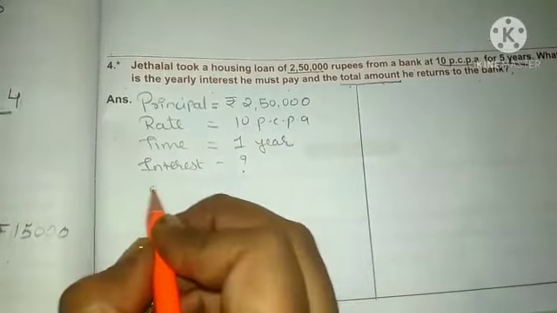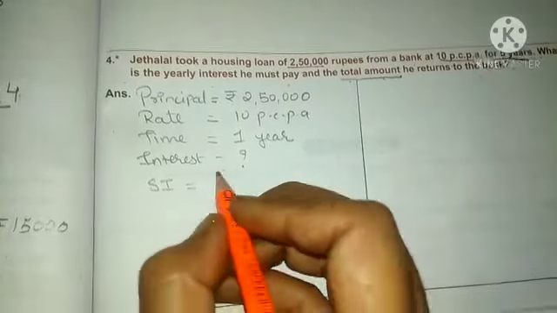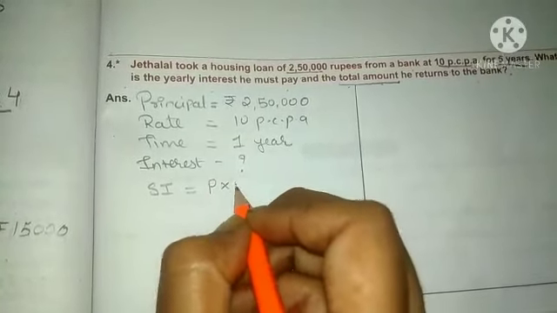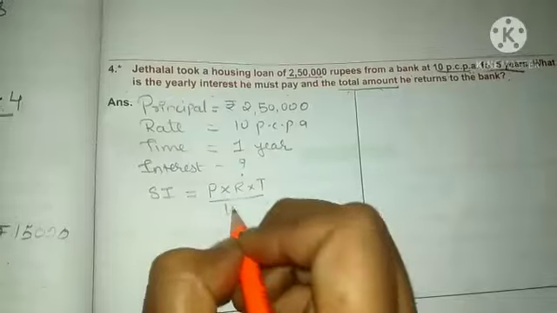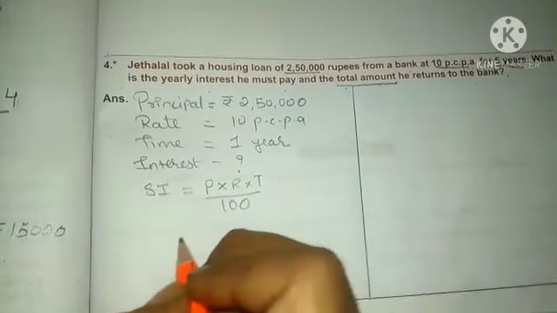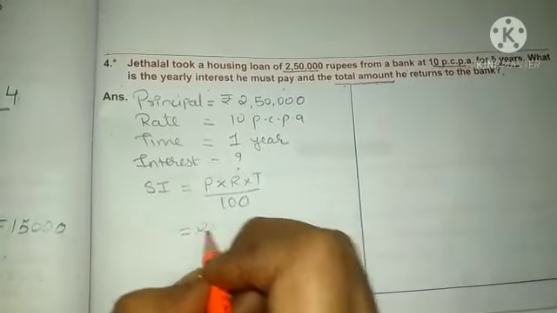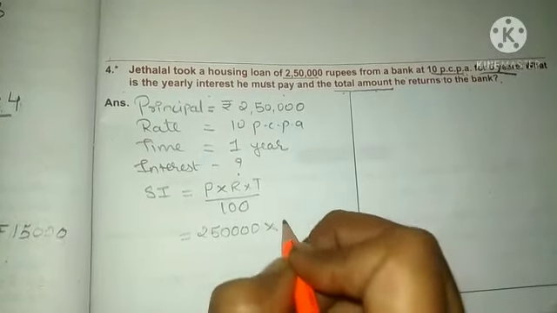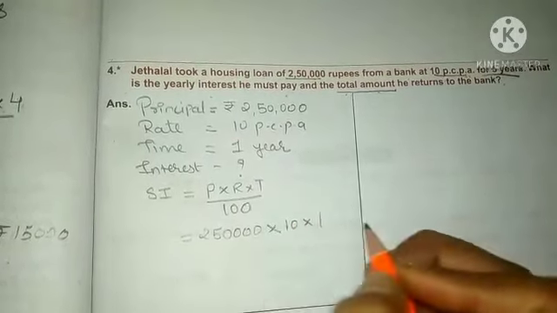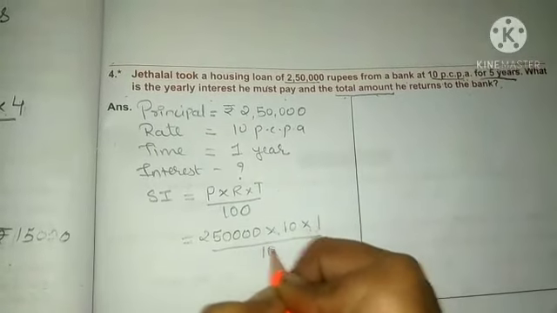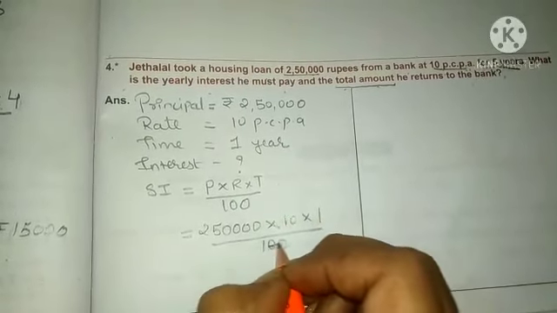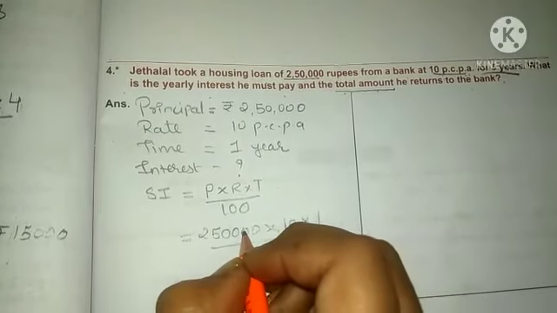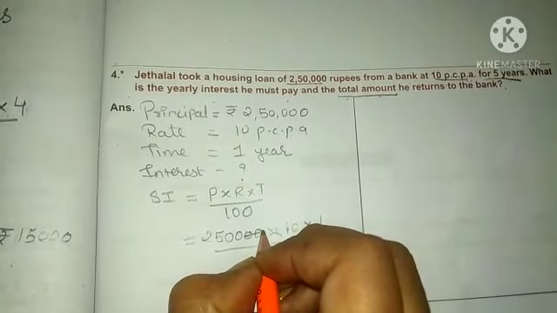So use the formula of the simple interest, that is simple interest is equal to P into R into T upon 100. Clear? Now our principal is 2,50,000, rate is 10 and the time is 1 upon 100. So how will you do the calculation? 2 zeros from 100, 2 zeros from 2,50,000 will get cancelled.